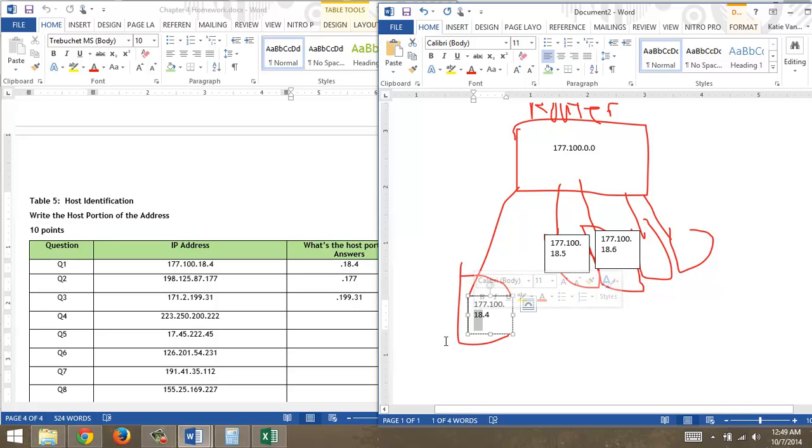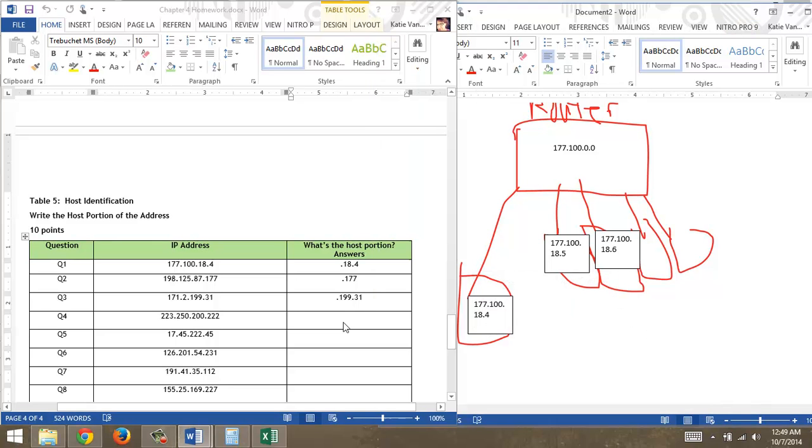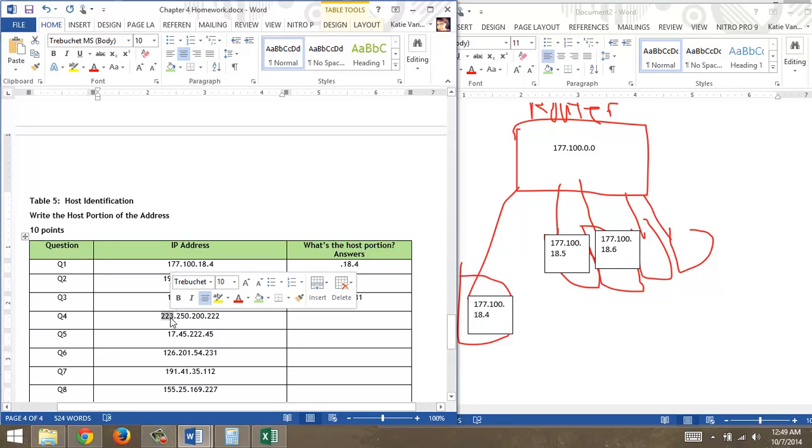In the chapter, it talks about how many IPs are available for each class of IPs. Super, super important. So back to table 5, all you're going to do is identify what class it is. So 223 is a class C. When you have a class C address, the network portion is the first 3 octets, and then the last portion is the host.